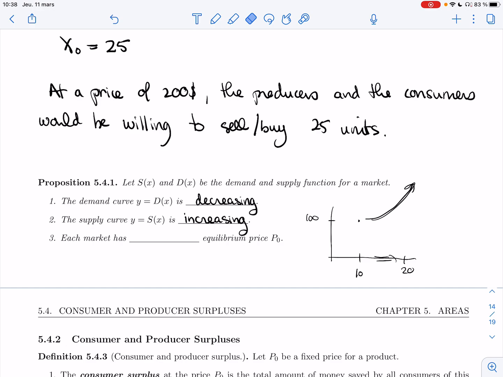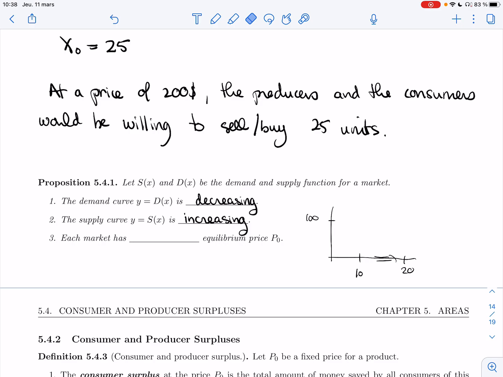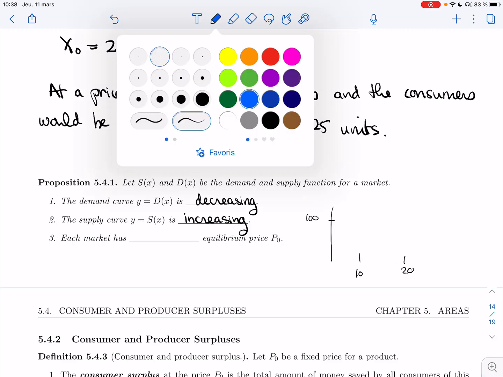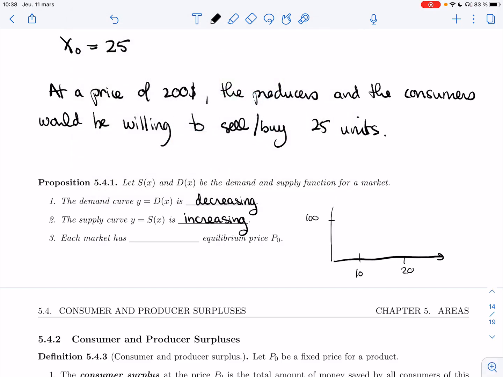All right, so I have one curve that's decreasing and one curve that's increasing. And so they will cross only at one y value. So let me draw it without all the noise here.